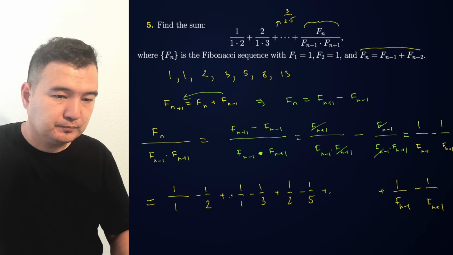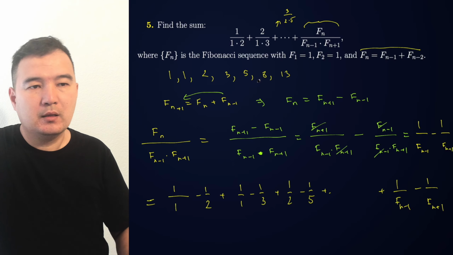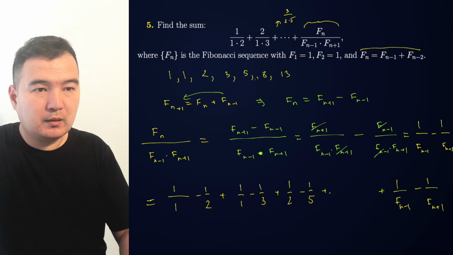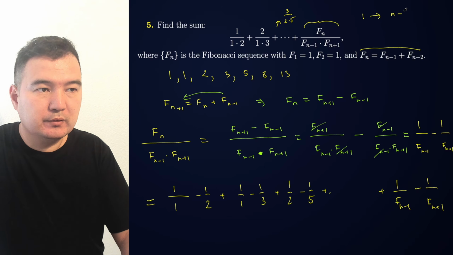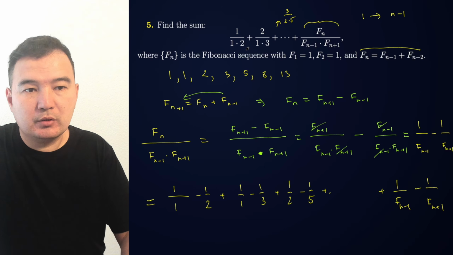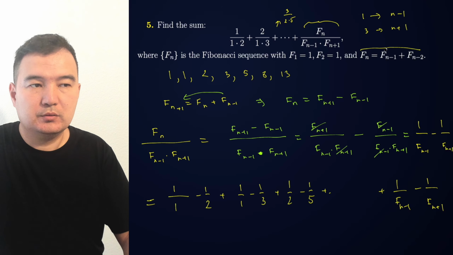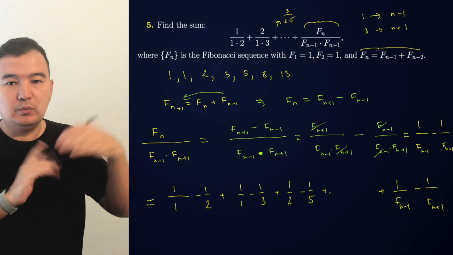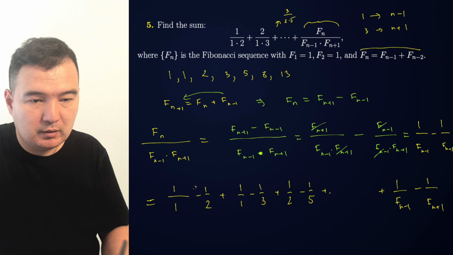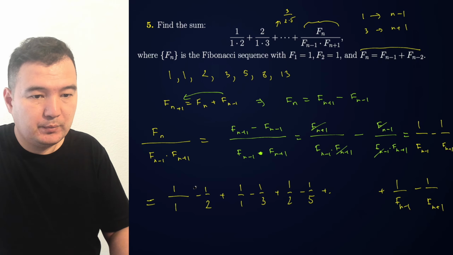The first terms are from 1 to n minus 1, right? The second terms are from 3 to n plus 1. So basically you see the overlapping terms are from 3 to n minus 1. So what we are left with is the non-overlapping terms.